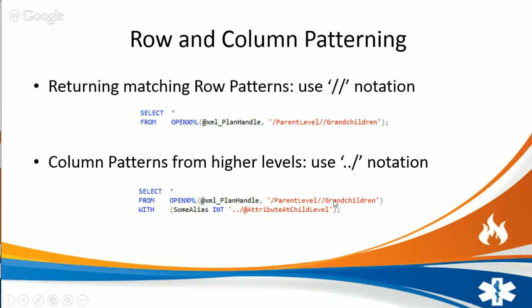It could be 2 or 3 levels deeper or 1 level deeper, and then return the results with some alias, but go back up 1 level to the child level and return that attribute. So you're not always just locked into one level.